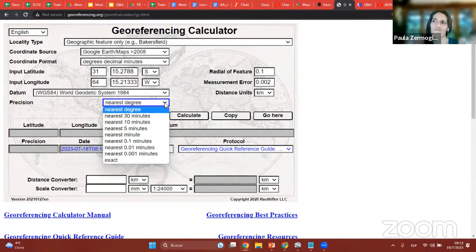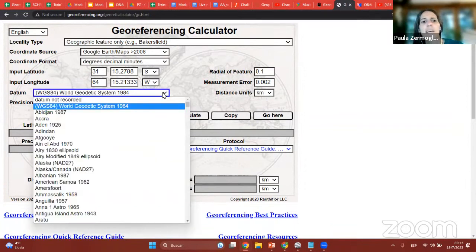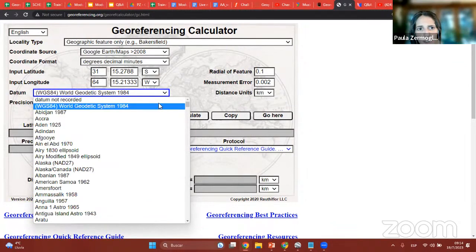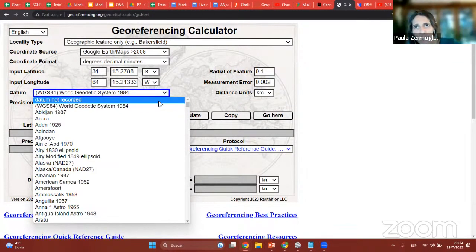But if they have very low precision, the uncertainty is going to be much bigger. Then we have another source of uncertainty, that is the datum, having or not having a datum. Careful here, it doesn't mean that different datums have different uncertainties. No, the difference is between having or not having a datum.